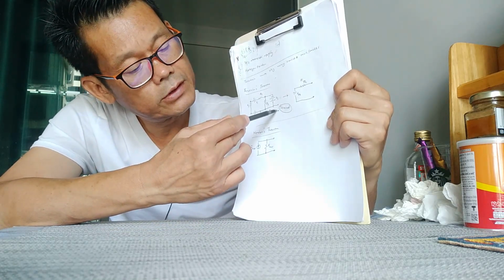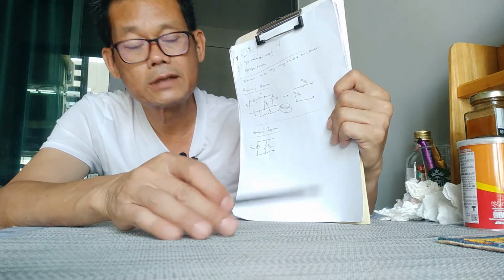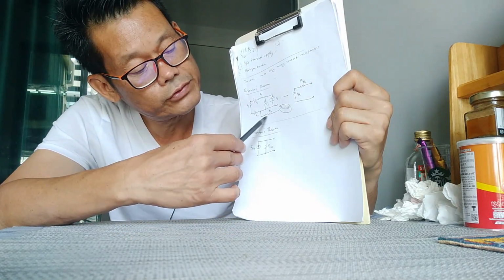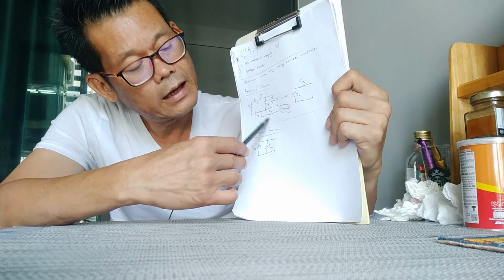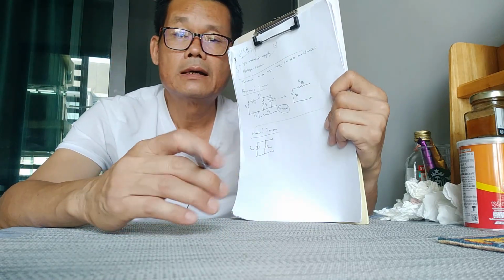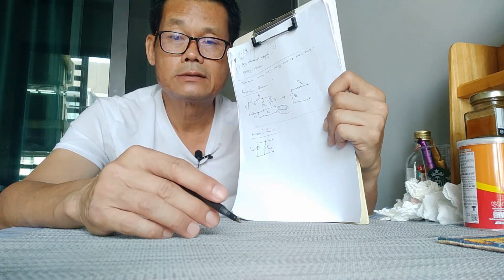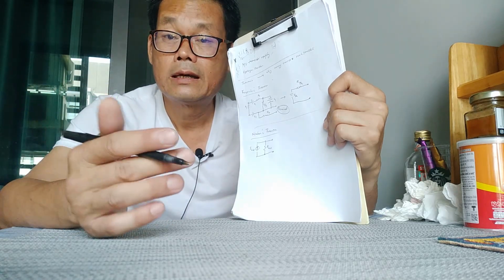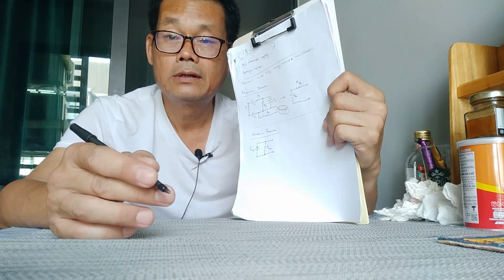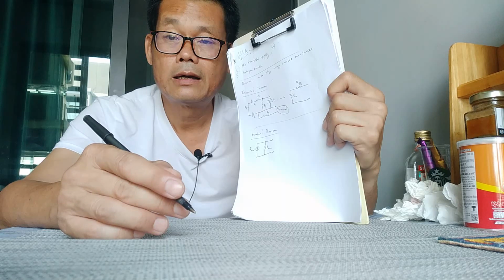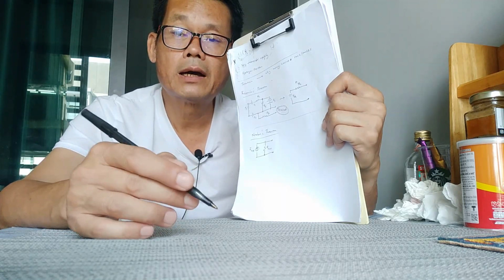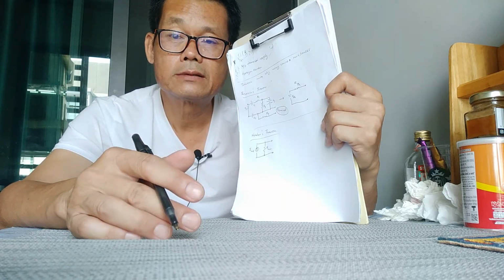You just short the output terminal and look for the current flowing through R4. That becomes ISC, the short-circuit current, and you can find RTH equal to VTH, or V open, divided by ISC.